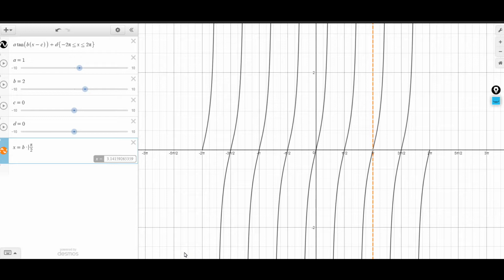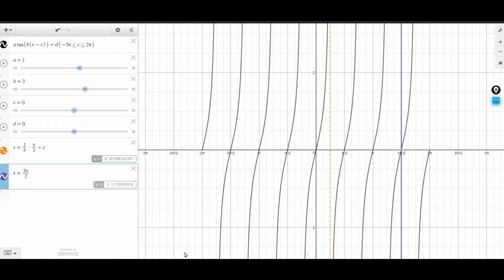So I have B times that, and then let's add plus C. The plus C shouldn't change it at all because C is 0 right now. Let's do 1 over B. Did that work? I'll do times. Well, earlier I had 3 pi over 2, so let's do 1 over B again.